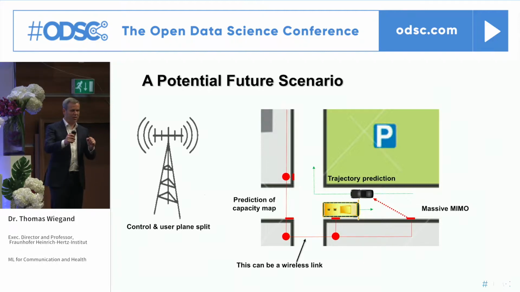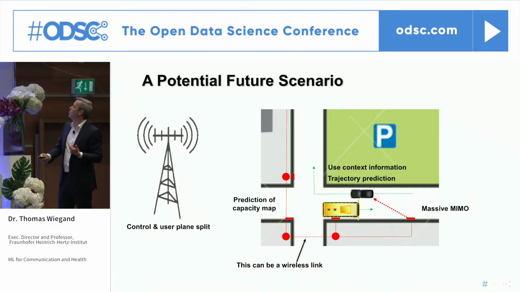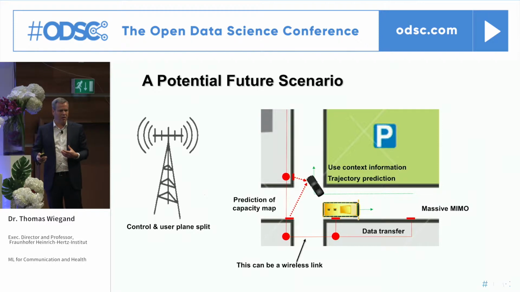This beam has certain characteristics in order to be effective when it comes to data transmission. For instance, there's a bus in the way, so we have to be smart about that aspect, so anticipate it. And so we would basically transfer the data to other nodes and predict then a capacity map. And all of this done today is through machine learning.